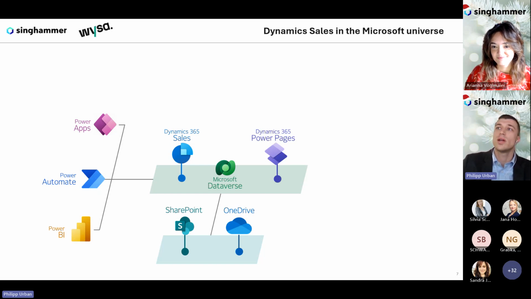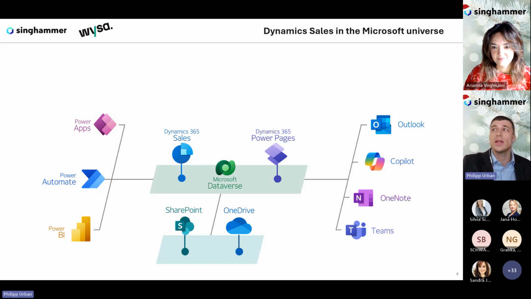And it's also integrated with the other modules which run on Microsoft Dataverse, just like Power Pages, the Customer Insights module, and so on. We also have great integration with Outlook, Copilot, the new AI assistant, OneNote, and Microsoft Teams.